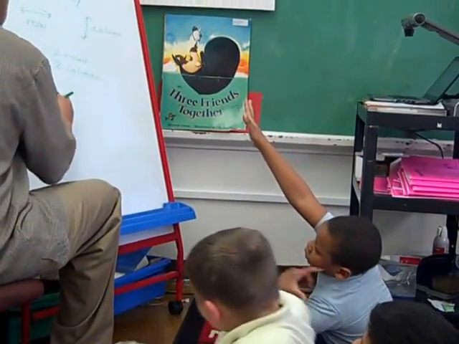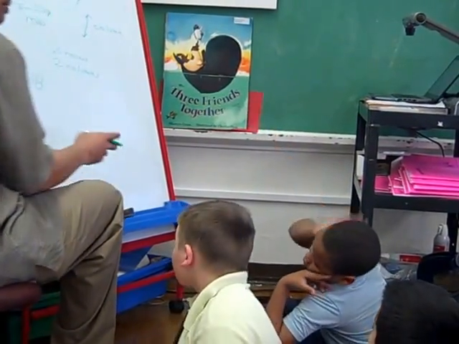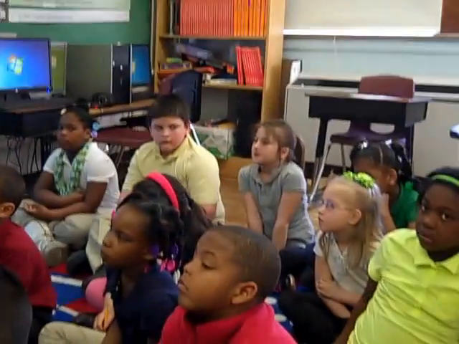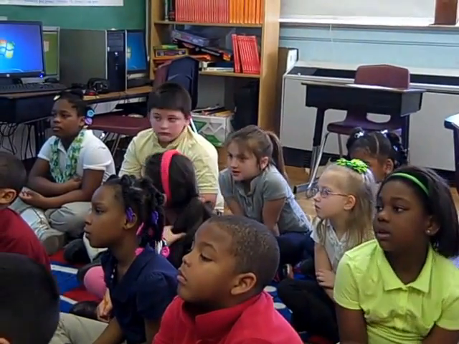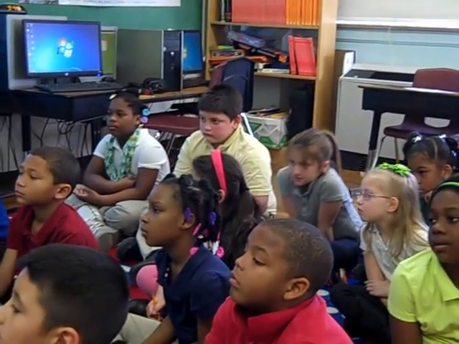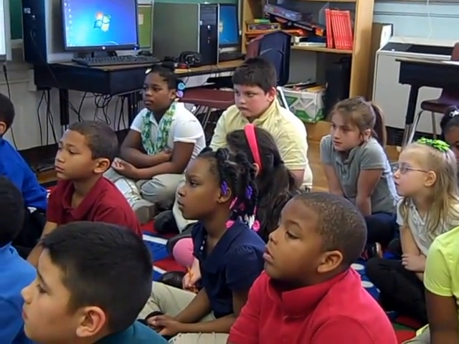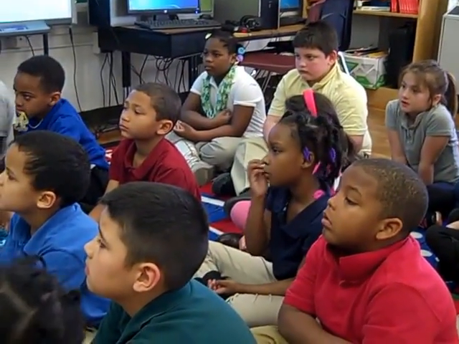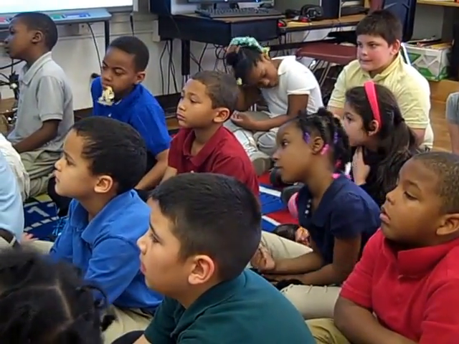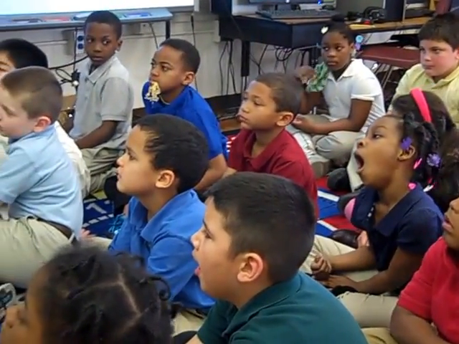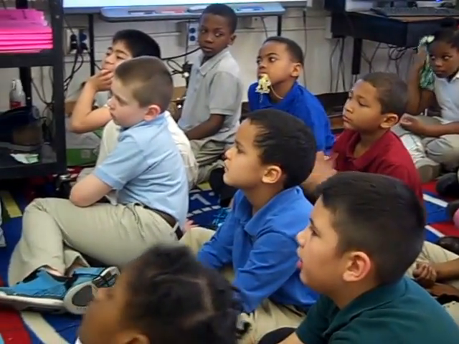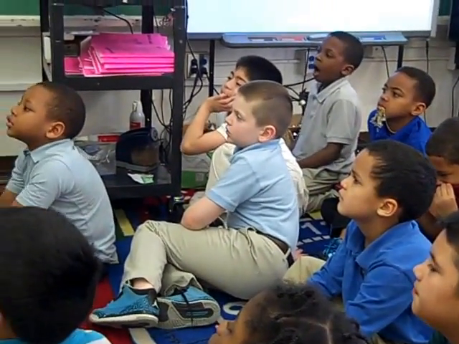Now, what do I do next? Elena? For column, 2 boxes on top. Excellent. So it's 1, 2. Now I fill in my rectangle. 1, 2, 3, 4 is my total.